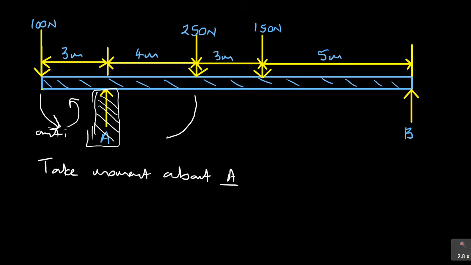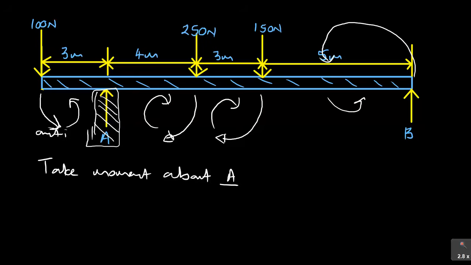It is going to do the other way around, which is clockwise, and even this other one will do the other way round, which is clockwise. See that? And what about B? B will do the other way round, which in this case is anti-clockwise.